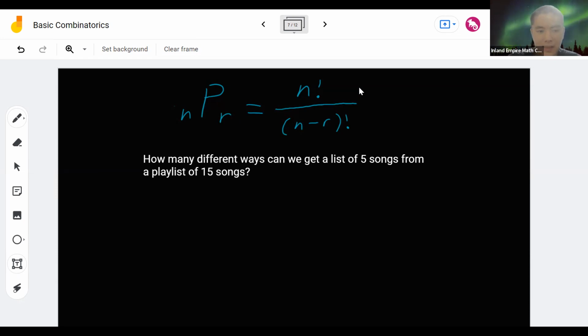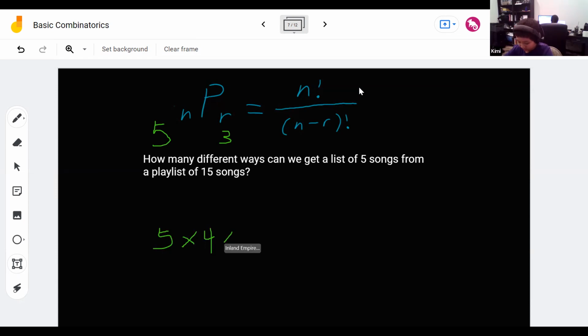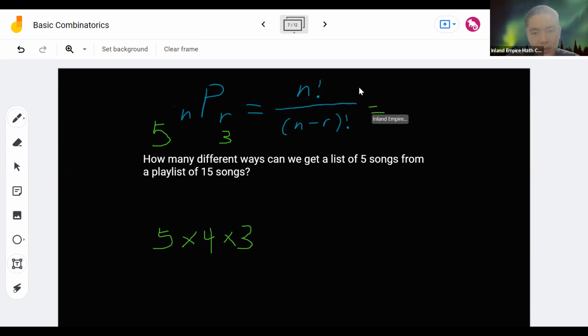So in the previous example, we had 5 people in total, and we're trying to choose 3 officers: a president, a VP, and a treasurer. And we ended up with, remember, 5 times 4 times 3. So if you plug it into the formula, it's basically equal to 5 factorial over (5 minus 3) equals 2 factorial.